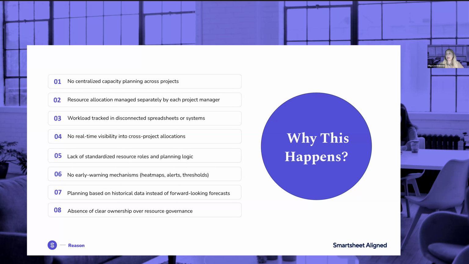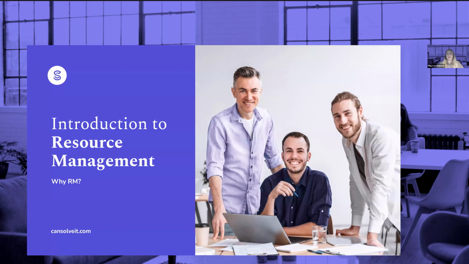It is happening all the time. So I just wanted to get across that resource management is not about people, it's usually a governance problem. And let's see why resource management is so good.